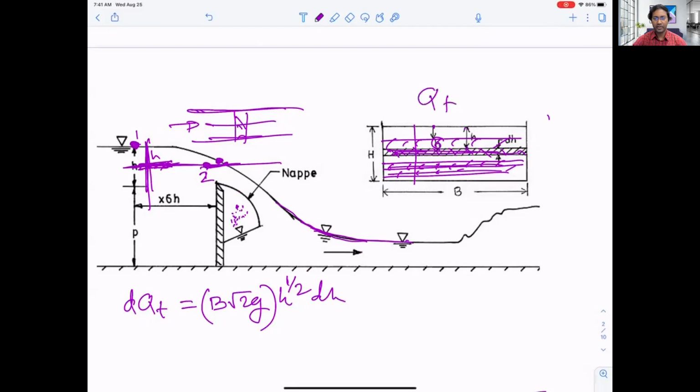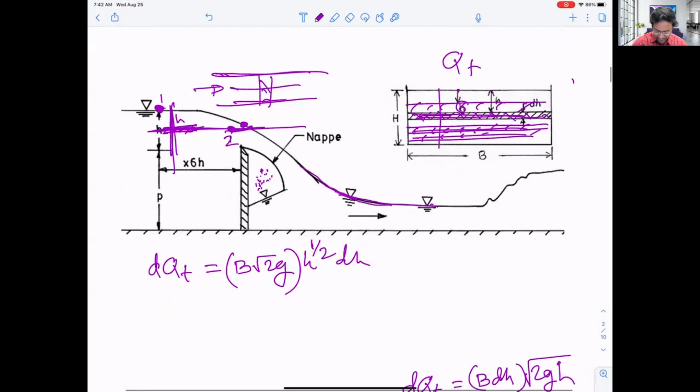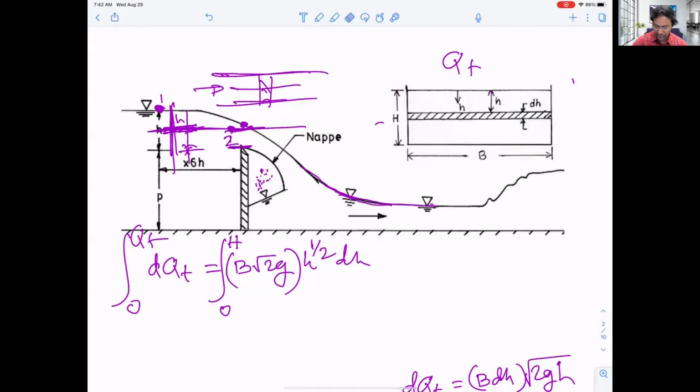Other than doing that, we can apply mathematical integration. We go from 0 to Qt here, and the depth of water changes from 0, increasing up to the top of the weir, so the upper limit will be capital H. That's the logic here.